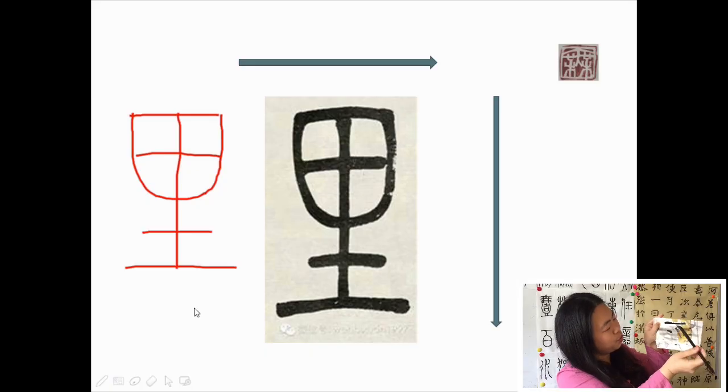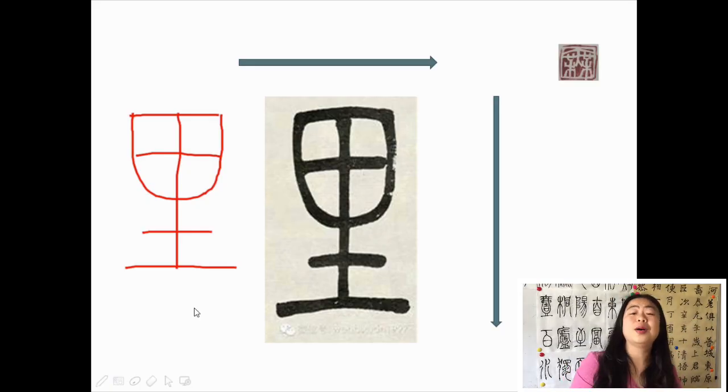So if there's too much water, it's better to use a waste paper and dry it a little bit before we write. We don't write with a lot of water. Then we can use a waste paper to test, is it good? We can try one stroke, and try another. Yeah, I think now it's good enough. Now we can write on the paper. So now let me show you how to write this 李 on the paper.